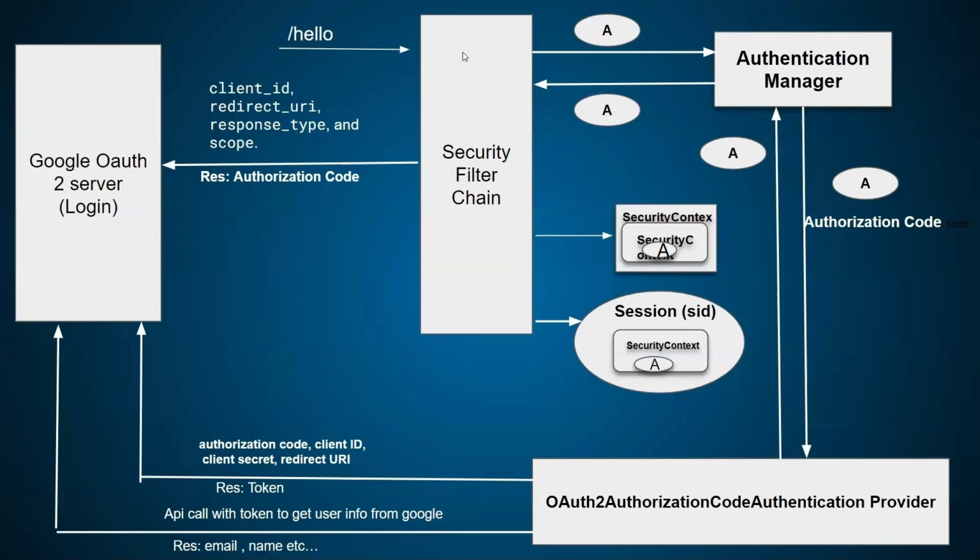If yes, then it will take that session ID and check, for that session ID, is there any session available at the server side? Yes, there is a session object with the same session ID available. If it finds that session ID with the same session, then it will not ask the user to log in again. It will directly provide the access, and it will consider that this user is logged in, and it will provide the access to the user for that slash hello API.